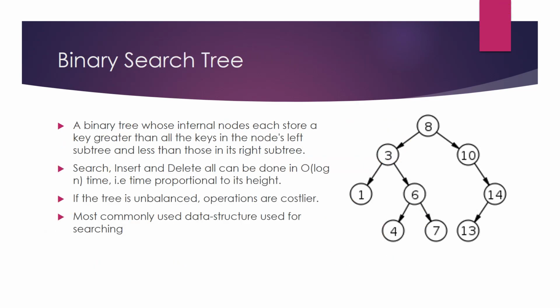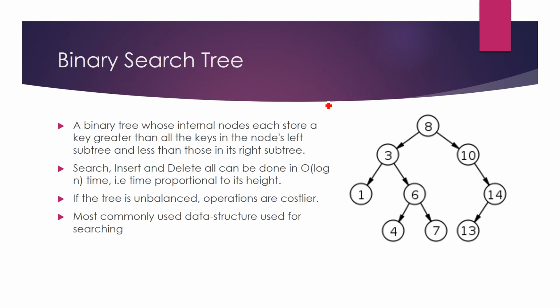So now a special kind of binary tree is a binary search tree, where an important property is present. The important property in a binary search tree is that every node has its left subtree smaller than itself and its right subtree bigger than itself.